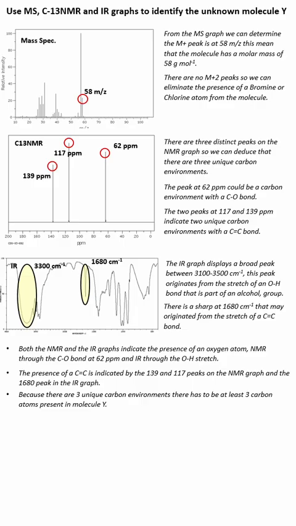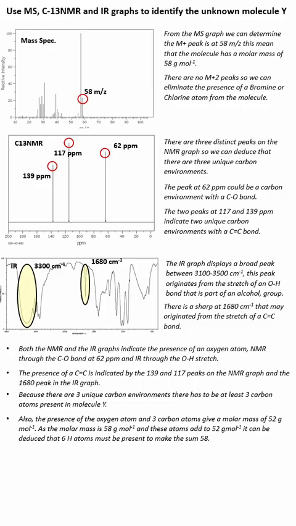The next thing I know is that there must be three unique carbons because there are three unique carbon environments. Because I know that there are at least three carbons and I know that there is one oxygen atom, I can add those up. One oxygen, 16, plus three carbons, 36.